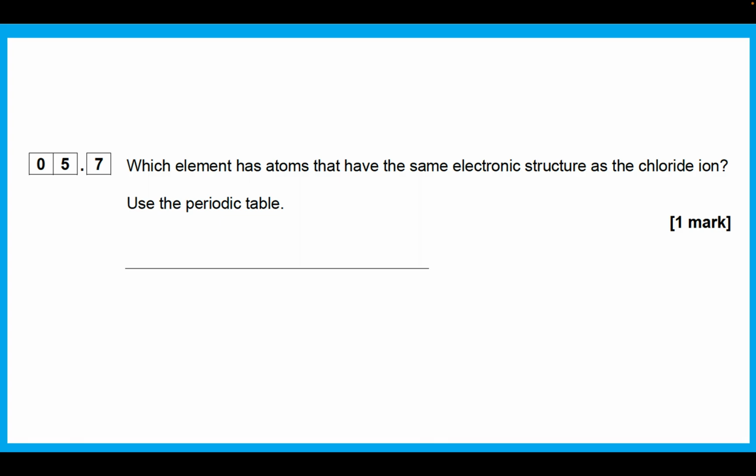Subquestion 5.7. Which element has atoms that have the same electronic structure as the chloride ion? Use the periodic table. 1 mark. To answer this question, we will need to recall the theory referring to electron configuration for different elements from the periodic table.